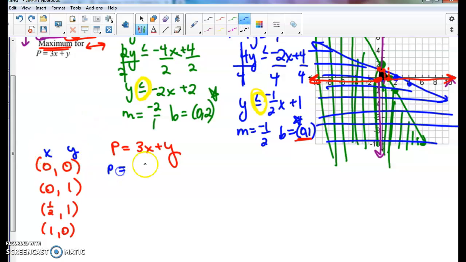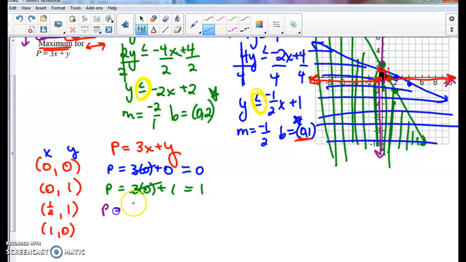So p equals 3 times x is 0 plus y is 0. So 3 times 0 is 0, 0 plus 0 is 0, and we're good. Next one is p equals 3 times x is 0 plus y is 1. 3 times 0 is 0, and then plus 1 is 1.